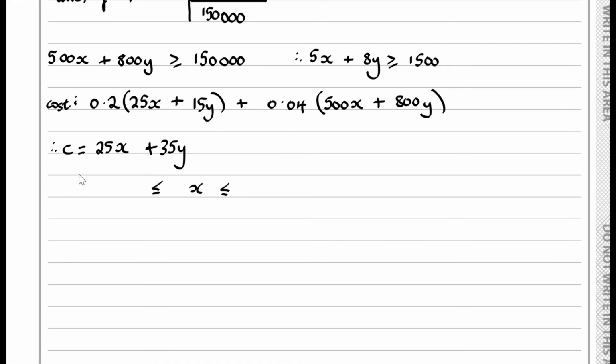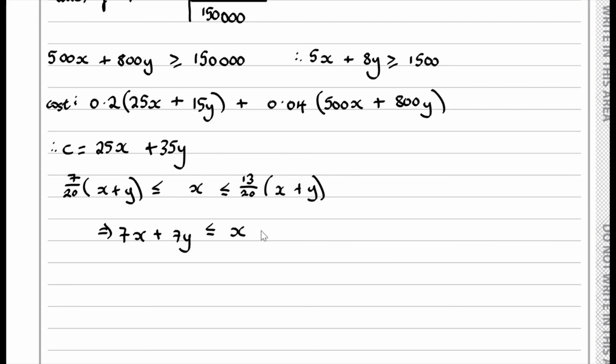So we have 7/20 lots of x plus y being less than or equal to x being less than or equal to 13/20 lots of x plus y. So if we multiply through by 20, we have 7x plus 7y being less than or equal to 20x being less than or equal to 13x plus 13y.